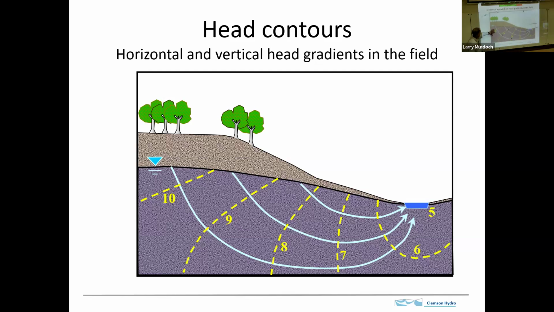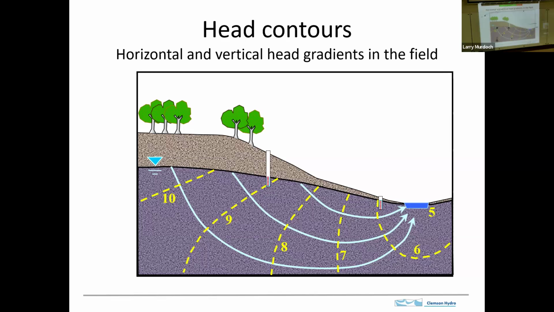So this is the high hydraulic head, gets lower. So it goes like this, but what we see then is the hydraulic head right here is higher than it is down here. So we would have a vertical gradient and it's also getting lower here. So we have a vertical gradient and a horizontal gradient that would give us this more complicated flow system.